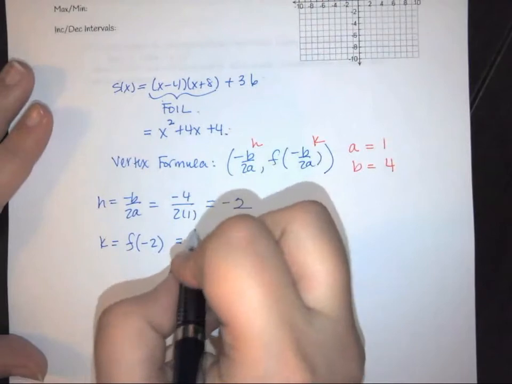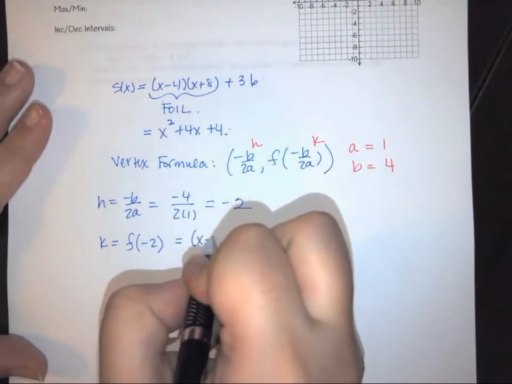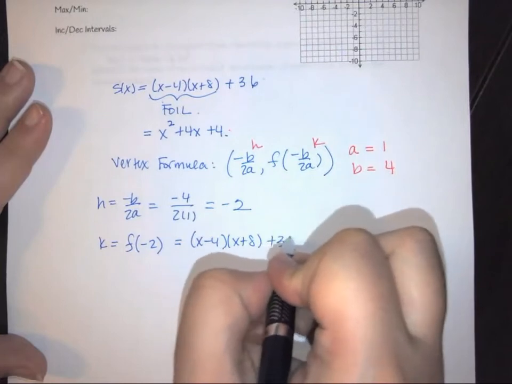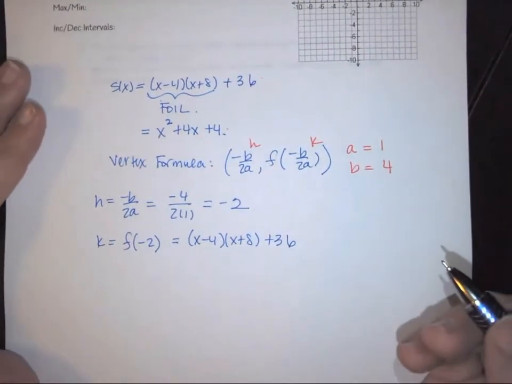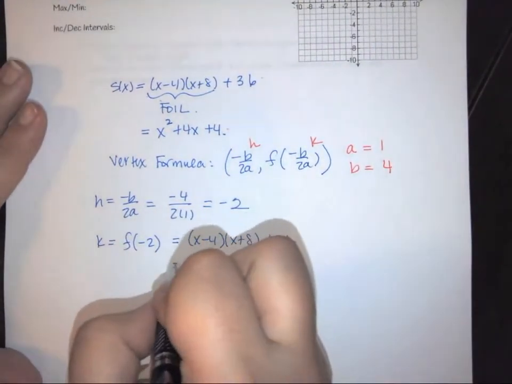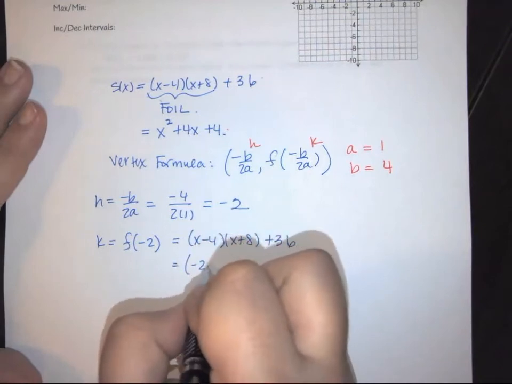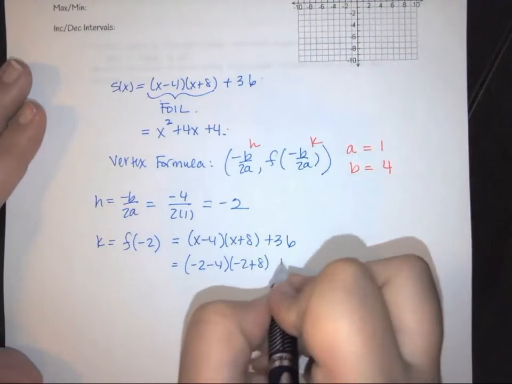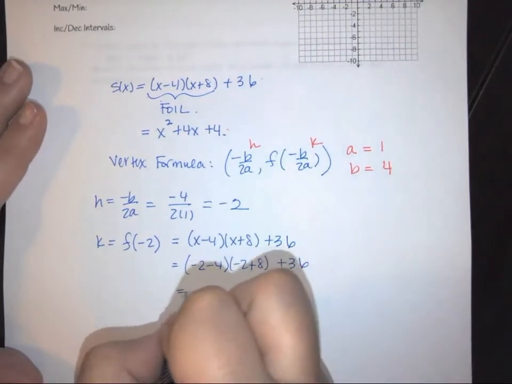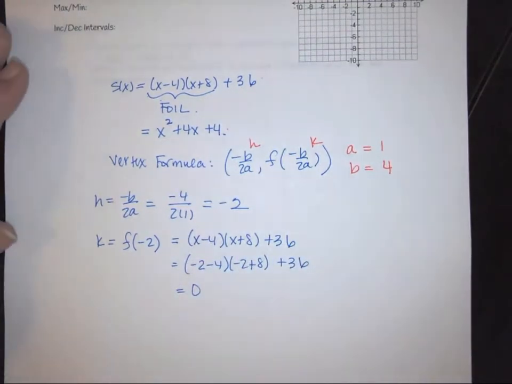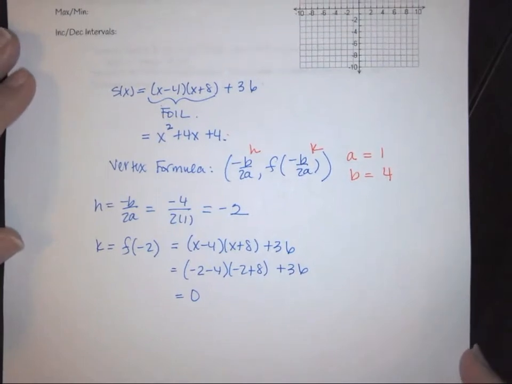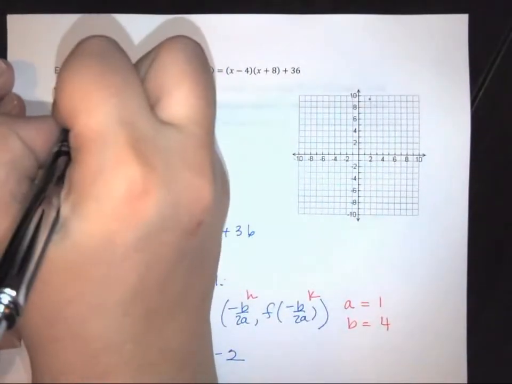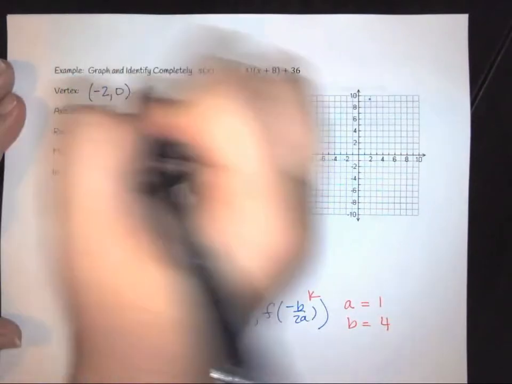So for grins, we'll go back to our original, x minus 4 times x plus 8 plus 36, and we'll go ahead and plug into that. So here, this should be negative 2 minus 4 times negative 2 plus 8 plus 36, which gives us 0. We now have your vertex. So here, this is going to be negative 2, 0.